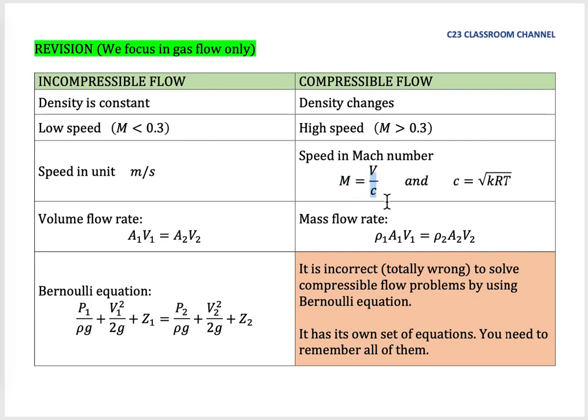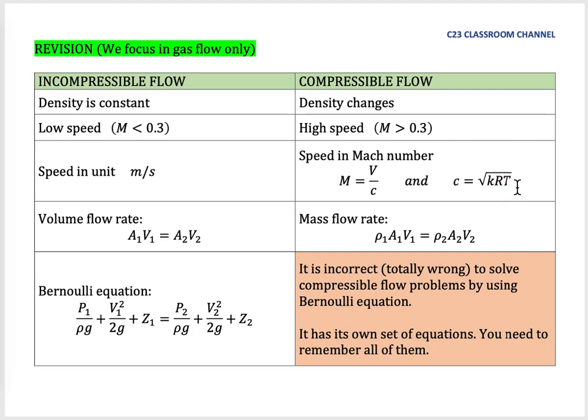And again, I would like to remind you that the speed of sound will change according to the type of gas, because you have a gas constant here, and the specific heat ratio here, and it depends on temperature. So you need to be alert.